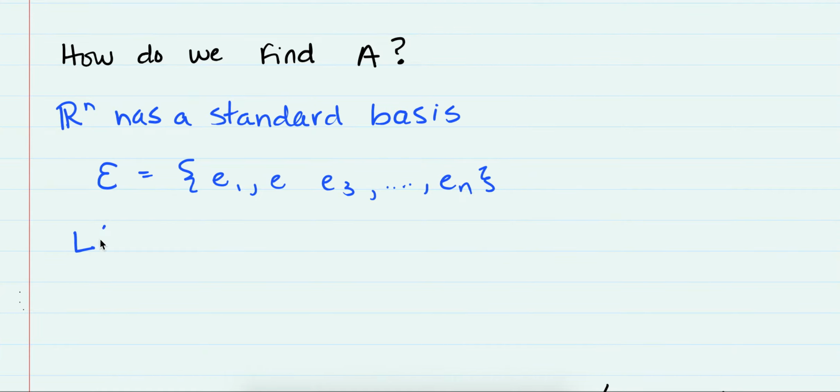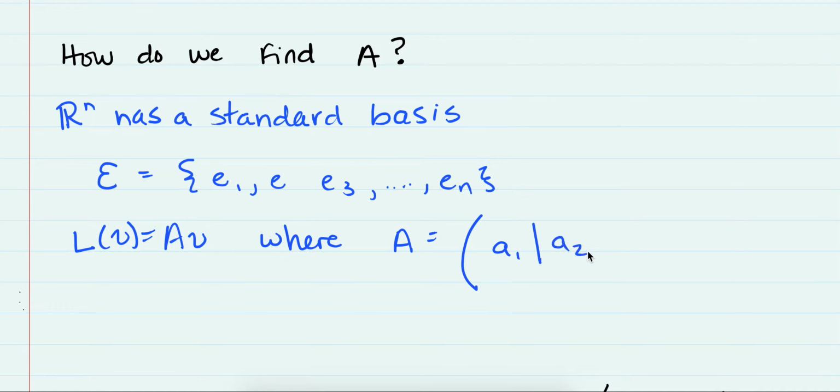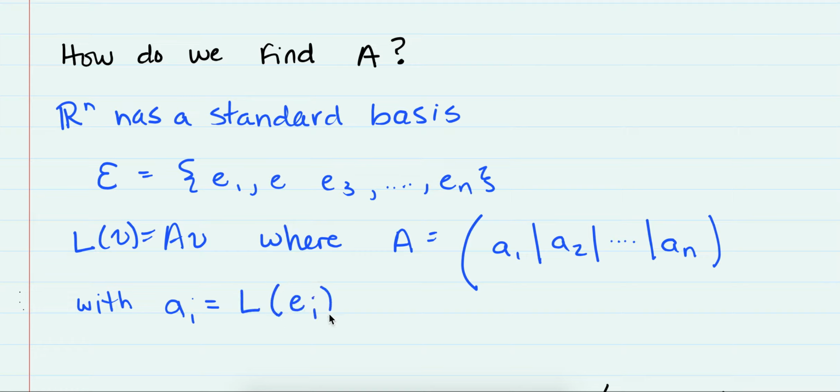We have L of V equal to A times V, where A is the matrix with columns A1, A2, dot, dot, dot, An, with Ai equal to L applied to these Ei's. So you take each Ei, so E1, plug it into L and see what you get.